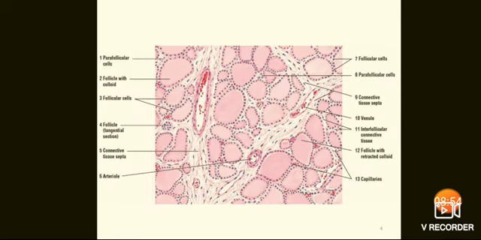So to summarize the identifying features of the thyroid gland, it has a thin capsule. From the capsule, connective tissue septa arise, dividing the gland into multiple lobules.